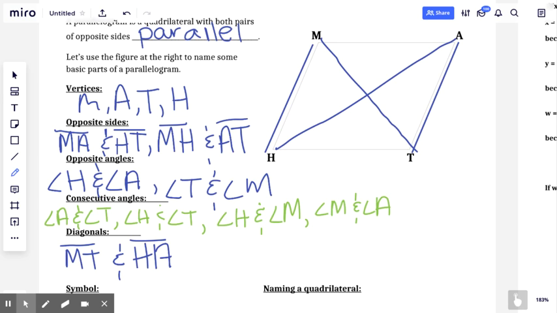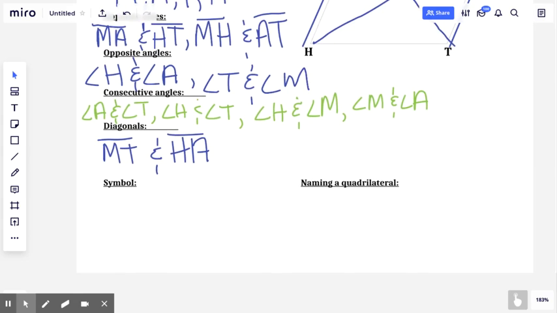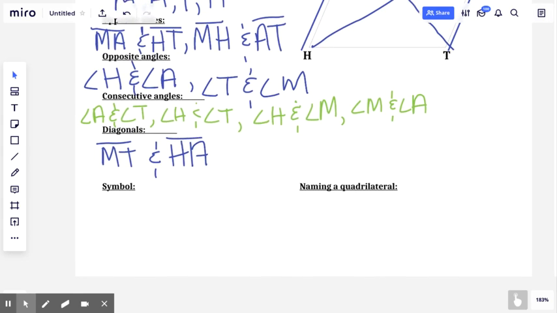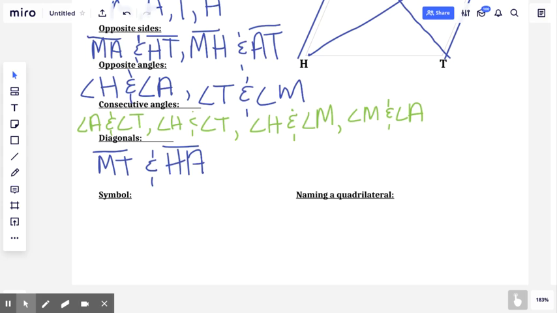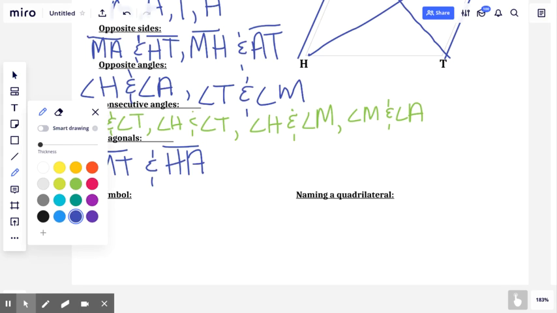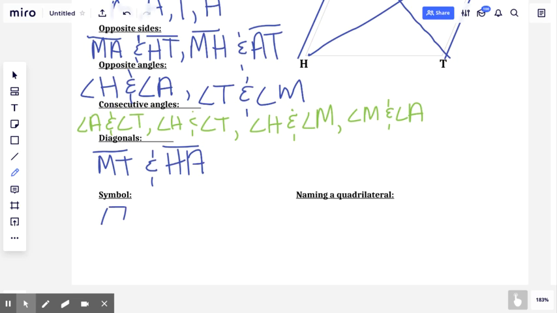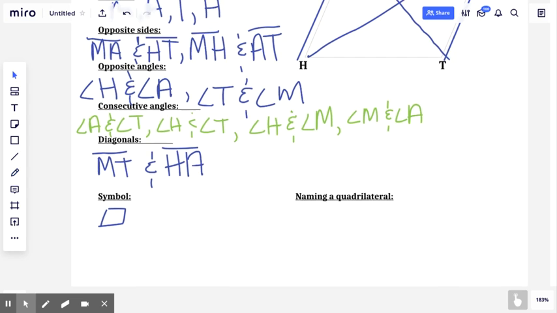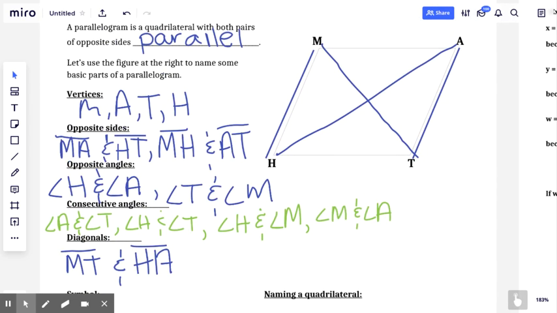There is a symbol for a parallelogram. It's just a mini little parallelogram that looks like this. You can use that in front of the 4 letters when you name it. Remember we talked about when you name a quadrilateral, you have to start at any of the corners.